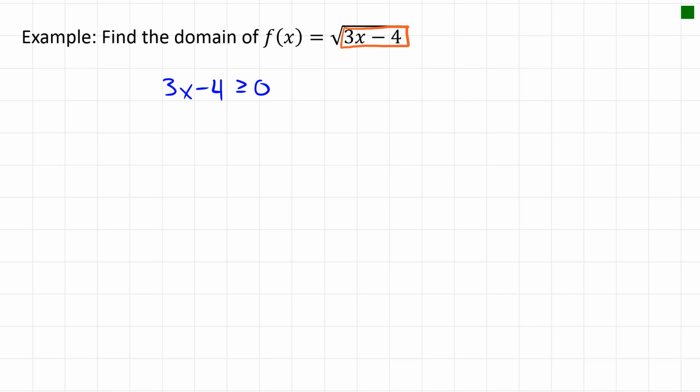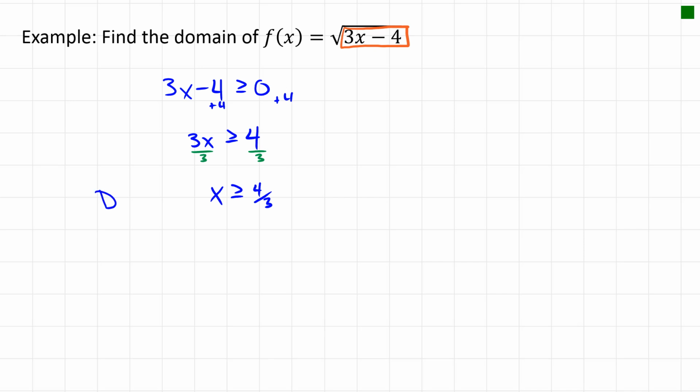So we don't want to write it with this complicated expression around x. So we're going to rearrange this inequality. So 3x, we add 4 to each side, plus 4, and we have 3x is greater than or equal to 4. Then we divide each side by 3, and we have x is greater than or equal to 4/3.